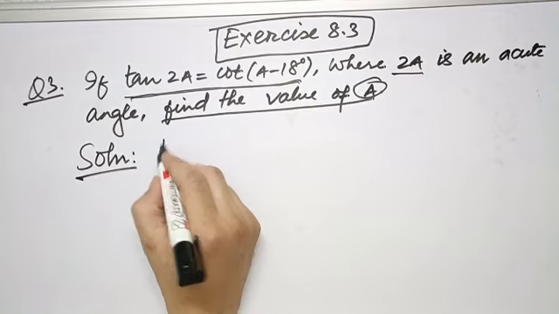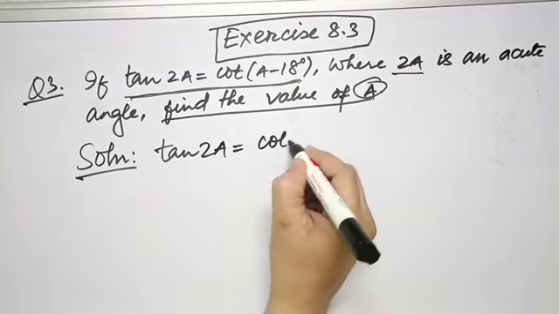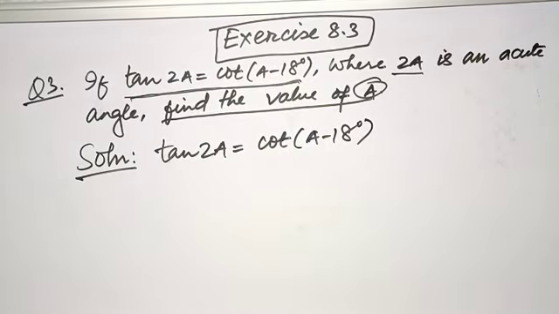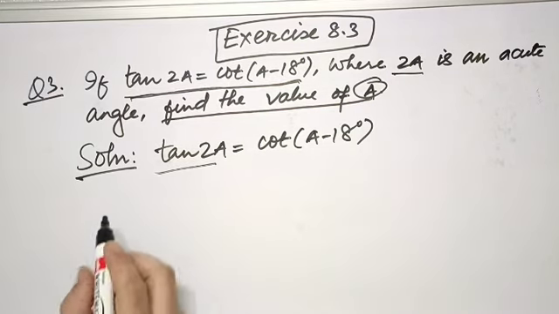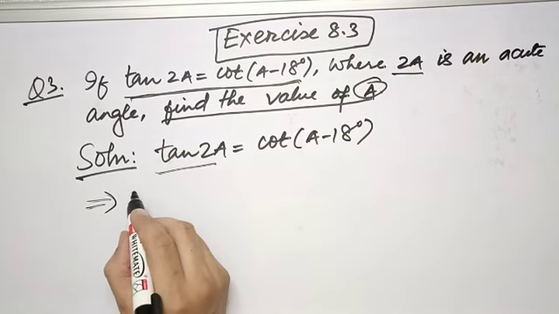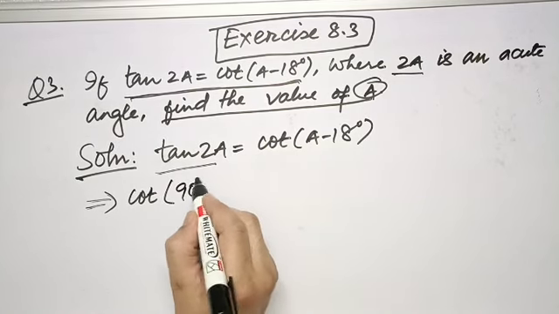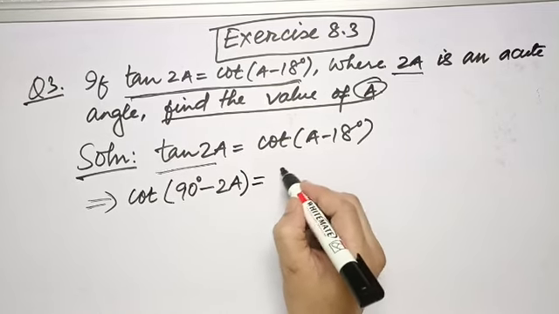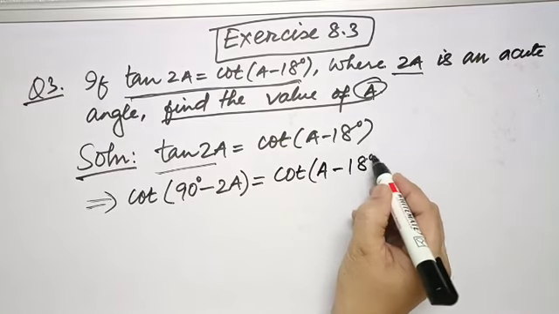Let me copy the question, that is tan 2a equals cot a minus 18 degree, and you know what you have to do. You have to change either of the values, and we will change this tan portion. You can change the other also, but it will be easy if you change this one. Now if you want to change tan, then you have to write cot, and 2a is to be subtracted from 90 degree. That's all, and the right hand side is going to be the same, that is a minus 18 degree.